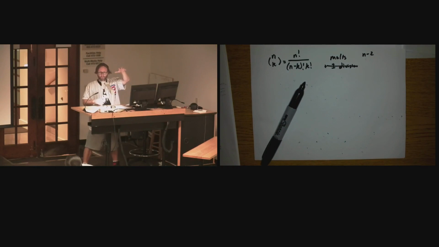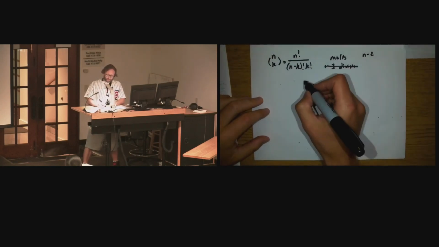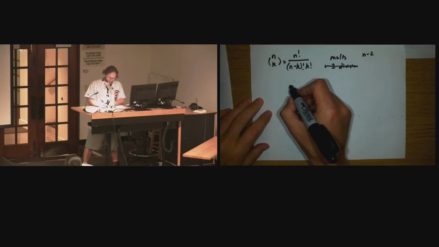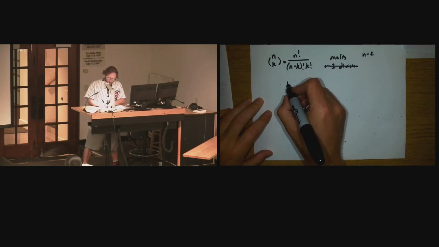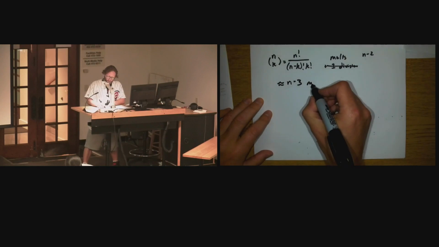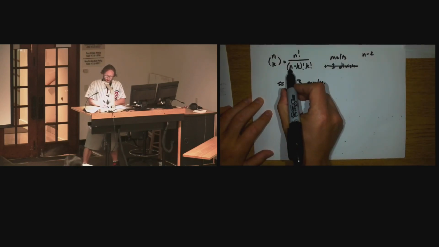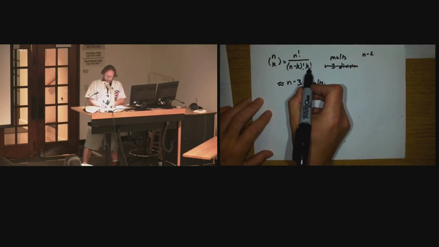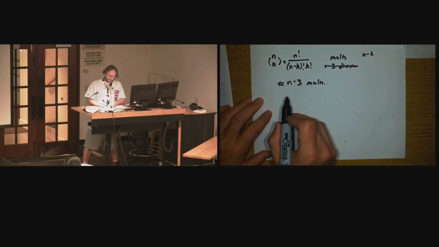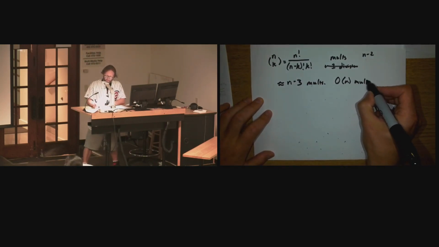Just compute a small multiplication, no multiplications down here, and then you only have to divide over here. So it's going to be something like, and I'll let you do the work since I did the work on my own, only about n minus 3 multiplications. Right? When you get down to it, a lot of these will cancel out, and so you're only left with about order n multiplications.